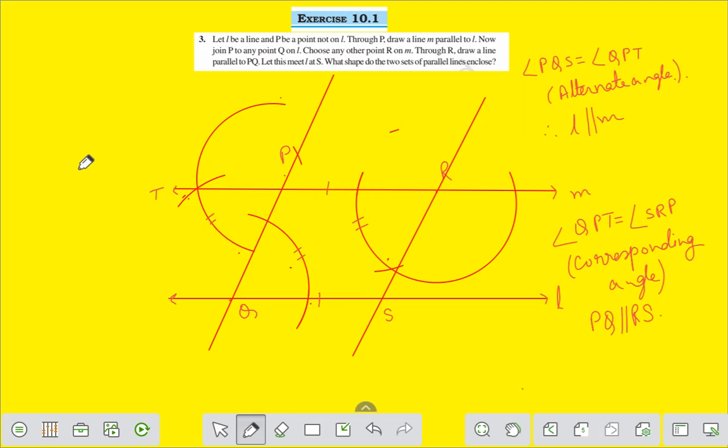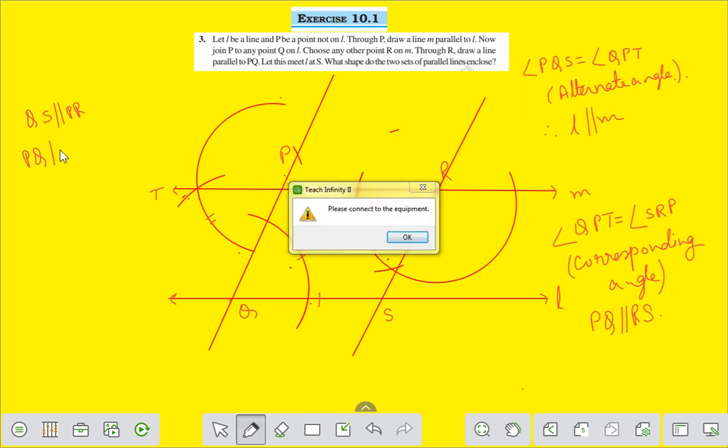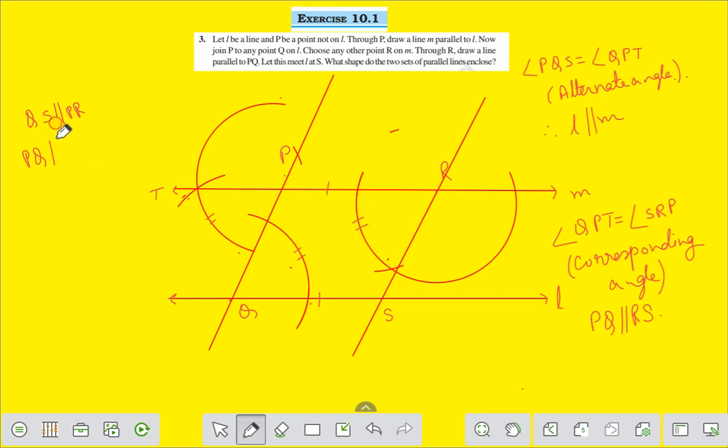QS is parallel to PR, and PQ is parallel to RS, and this side is parallel to this side.